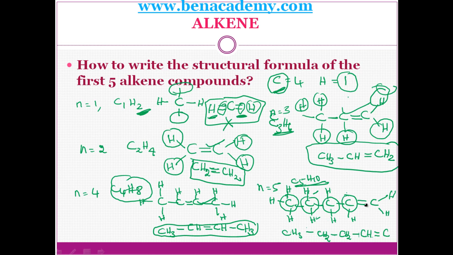Now the last carbon, it is bonded to how many hydrogens? 1 plus 1, 2, therefore CH2. So this is the condensed formula, and this is the structural formula of alkene having 5 carbon atoms. Hope you understood. You take your notebook and try to write yourself, and if you have not understood anything, come back and see it once again.